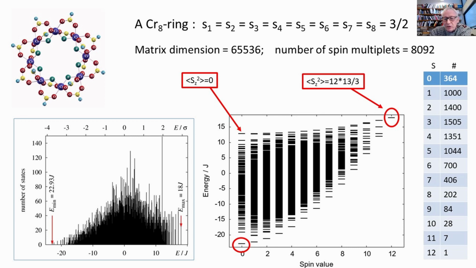So the spin value is shown here at the bottom, and you can see that the spin singlets, s equal to 0, they extend actually the full energy range by and large, and the high spin multiplicities are mainly lying at the top of the energy range with an s equal 12 at the top and an s equals 0 at the bottom. And here the number of spin multiplicities is given.